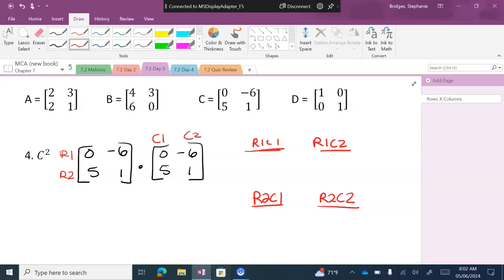Again, I find it helpful to use my fingers so I don't lose track of what I'm doing. Start at row 1, column 1, multiply. You go across and down, you multiply. You add those results together.